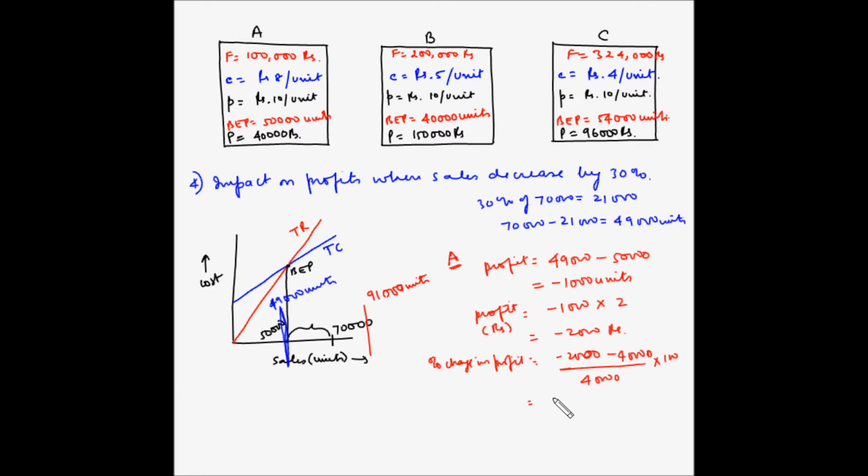So this is equal to minus 42,000 divided by 40,000 multiplied by 100. So these 3 zeros get cancelled. 1 zero gets cancelled here. 2 2s are 4, 2 21s are 42, and 2 5s are 10. So this becomes 5 1s are 5 and 5 2s are 10. So minus 105%. So the decrease is 105%.